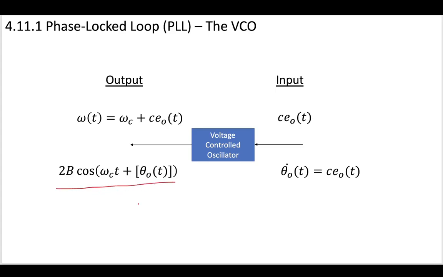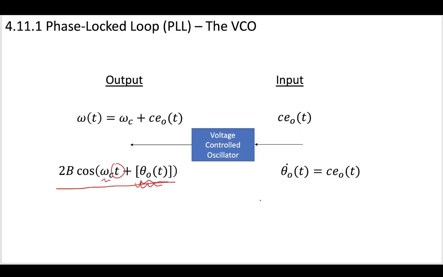It's going to be an oscillating function, a sinusoid. And inside, the angle of that is going to be the free running frequency varying with time plus this output phase, where the output phase is based on the input. So when you take this input, if you were to integrate that, this would give you the output phase.